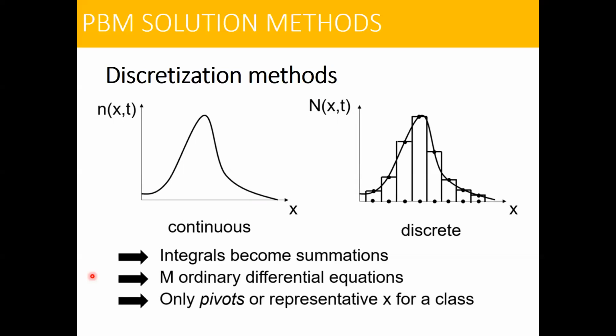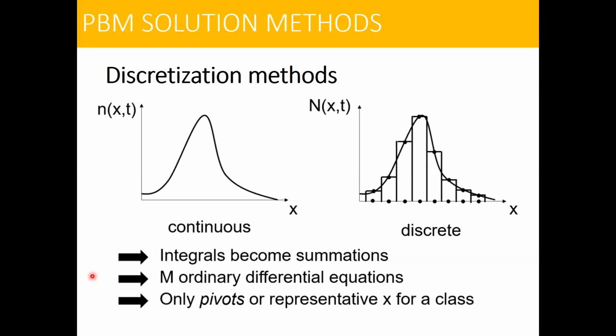Next one. Around the early 90s, the method of discretization of the continuous population balance equation emerged as an attractive alternative. When we discretize a model, we are fitting it to bins and reducing the impact of small fluctuations in the data. We can find some advantages applying this method.